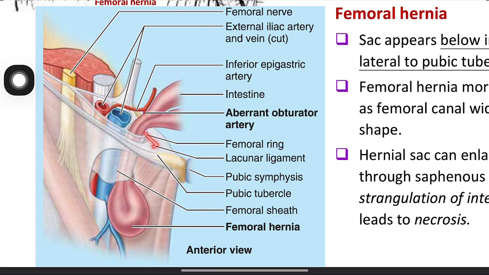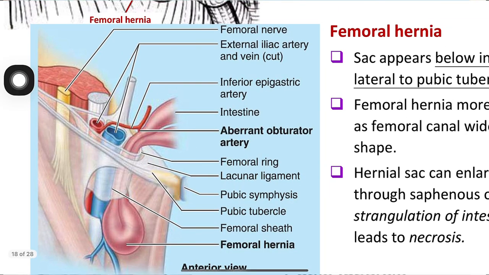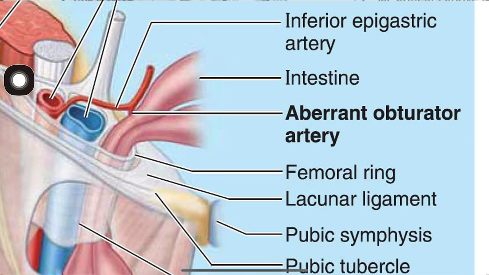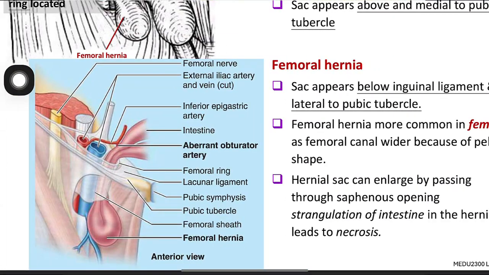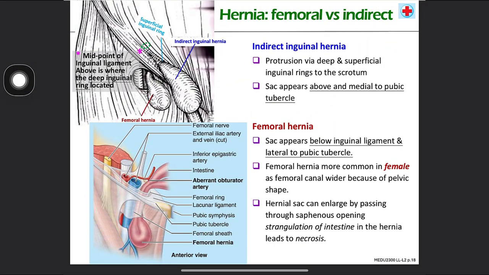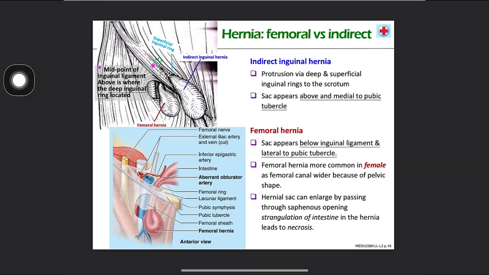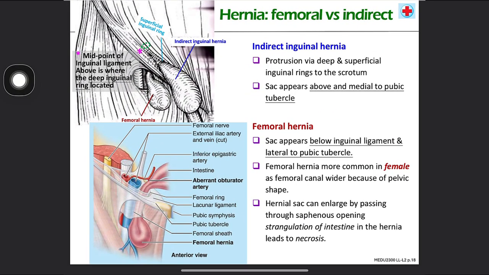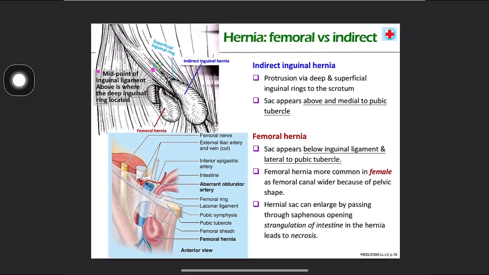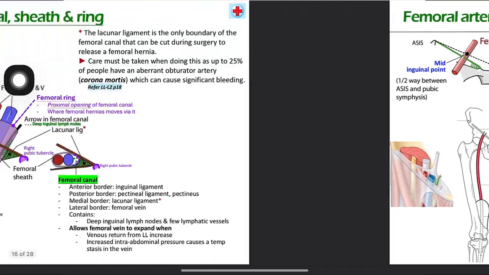Can you see the artery here? So when you do this later on, you must check whether the patient has this abnormal variation in the arterial blood supply. Okay, so that's it for this part.